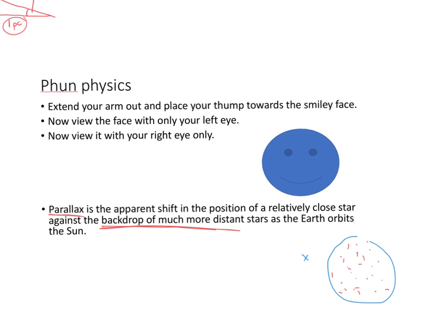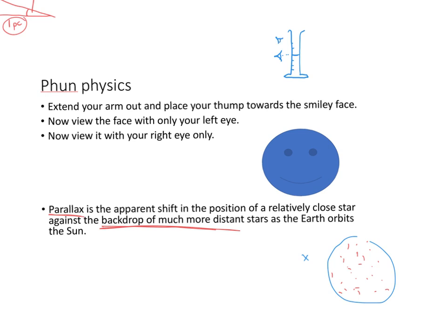Also, I don't know if you remember parallax errors, but it's something we talk about all the time in terms of taking readings. If you're taking a reading, you need to align your eye with the reading you're taking.